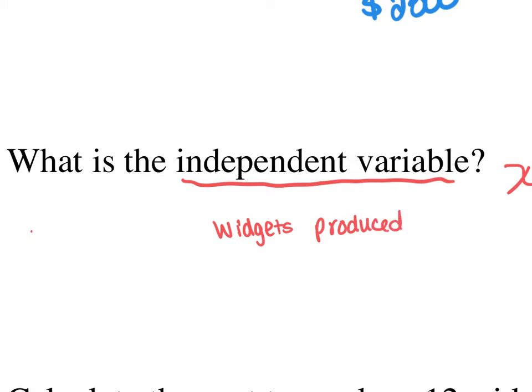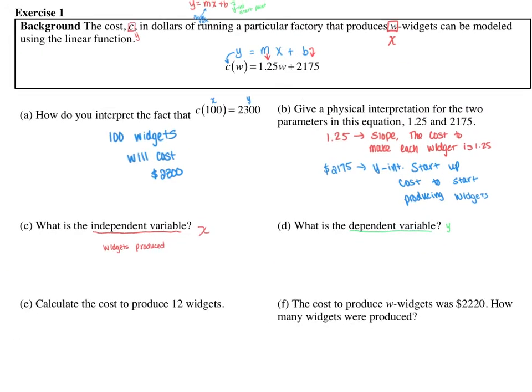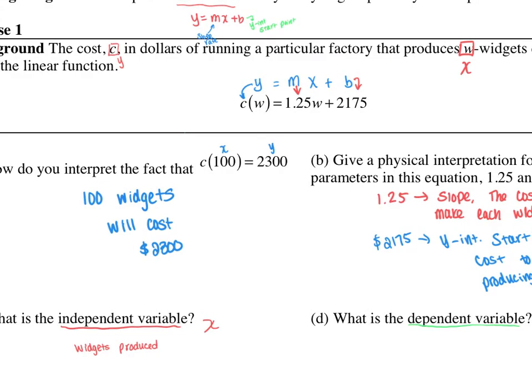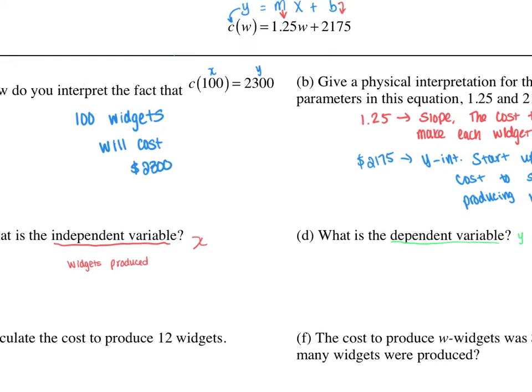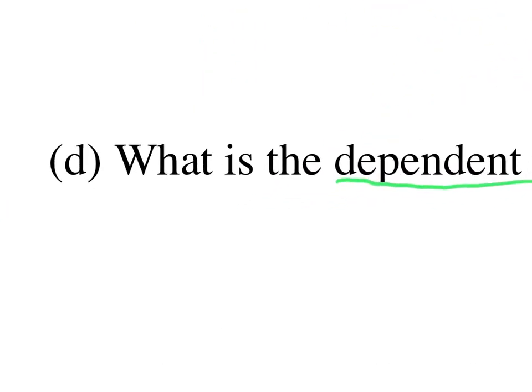Now, part D, what is the dependent variable? Well, your dependent variable lies on your y-axis, and it's your y values. So if I look, we said that C, or the cost, is our y values. So the cost to produce widgets is our dependent variable, because it depends on the amount of widgets produced.